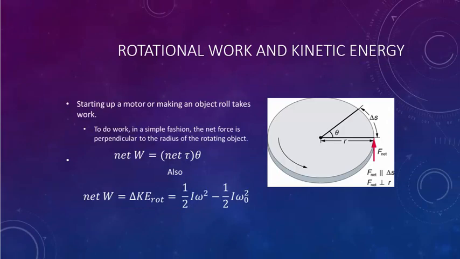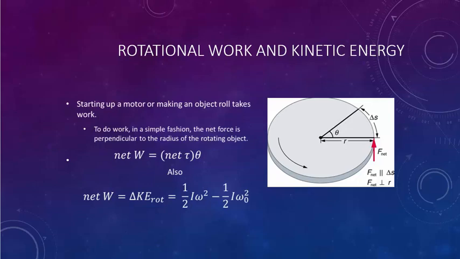Another quantity for rotation is work, and another one is kinetic energy. We're talking about motion, so of course kinetic energy is going to be part of this. Wherever you have kinetic energy, you're going to end up doing work. And so this is going to happen when you're starting up a motor or making an object start to roll. If you make an object roll, it takes work.